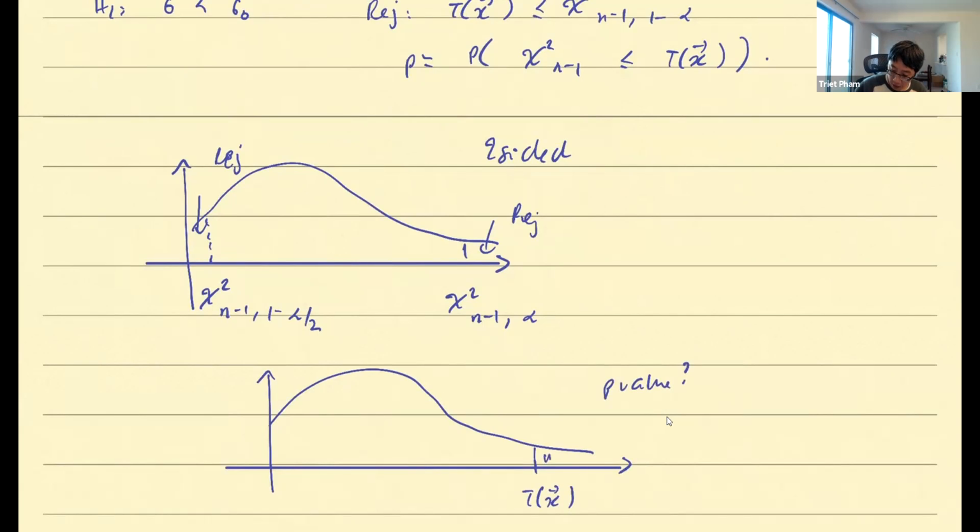You cannot just say that your p-value is this much, because then you would do the one-sided test. You would want your p-value to be something over here too, but what is it?